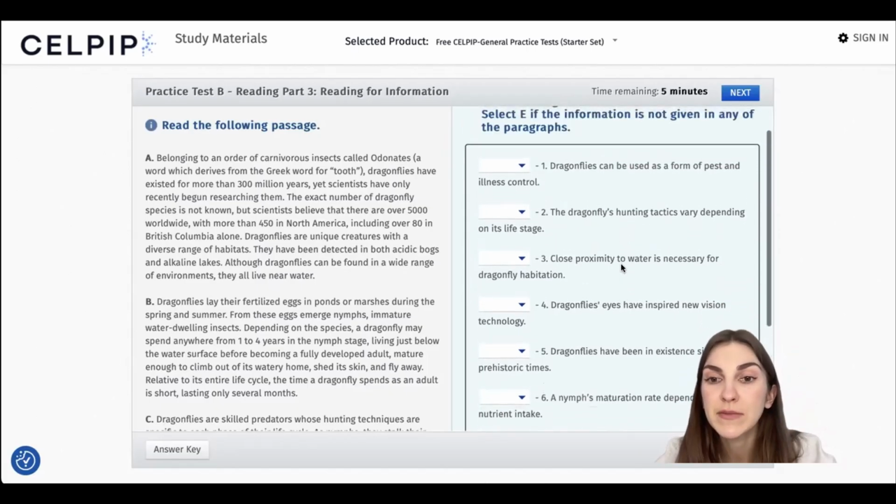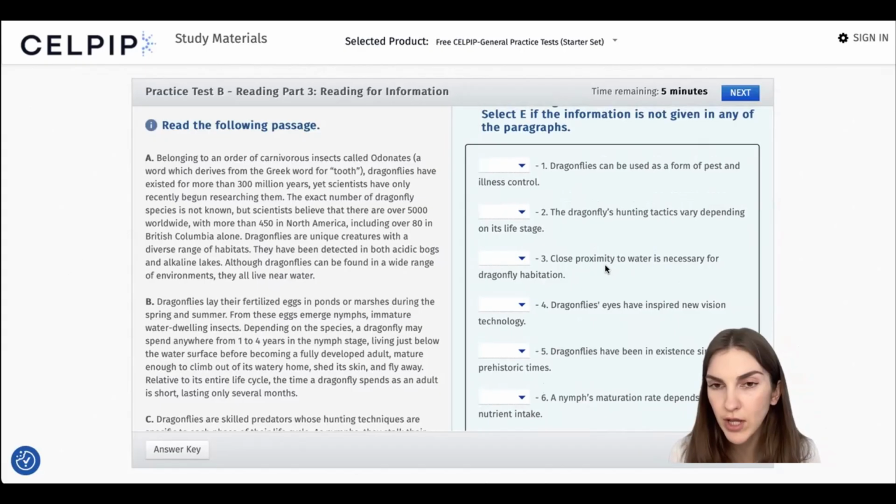Close proximity to water is necessary for dragonfly habitation. I mean that the close location to water is necessary for their habitation, for their life, for their homes.